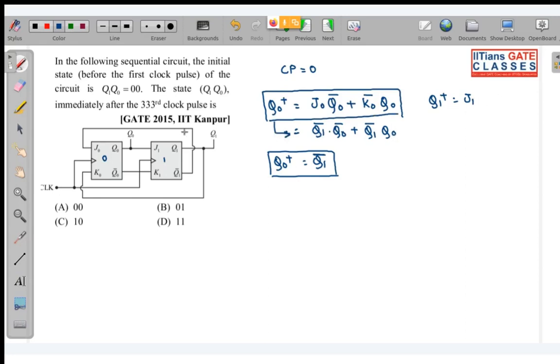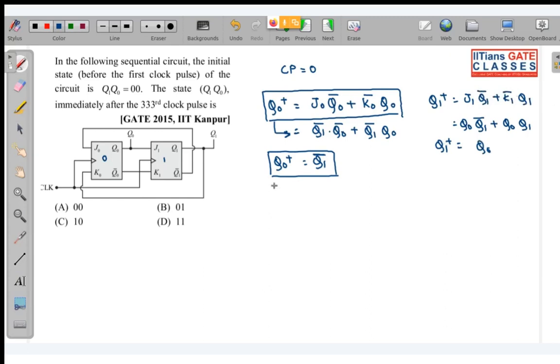So J1 is equal to Q0, and K1 is Q0, so K1 complement is Q0 complement. So over here you can see Q1 plus is equal to Q0. Here, because I am teaching and need to make you understand, that is why I am writing this much.